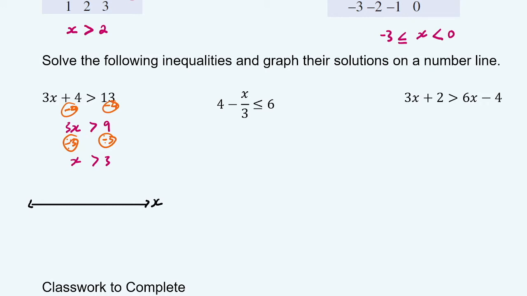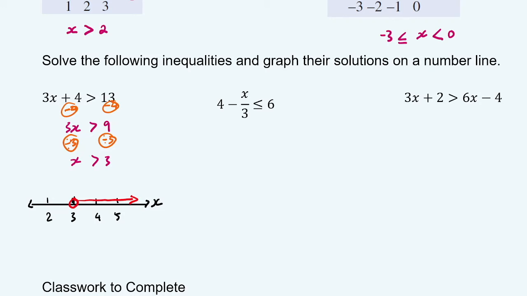I need x is greater than 3, so I definitely need a 3 on there, and then a couple of numbers above 3, so let's go 4 and 5. Let's go one below. Now it's just a greater than, so it's not an or equal to. It's just greater than, so we're going to use the open circle. And then the arrow is going to go above 3. And that's how that's done.